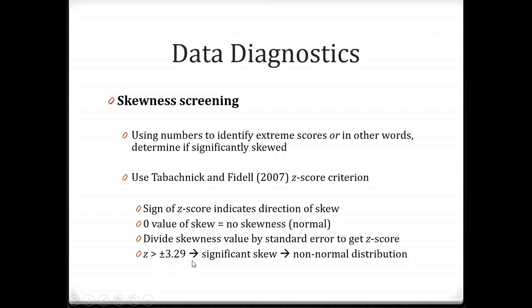So if you compute your skewness z, or your z-skew, and it is greater than 3.29 on either side, whether positive or negative, you conclude that you have a significantly skewed distribution, and therefore a non-normal distribution. Any value less than 3.29 indicates that you have an approximately normal distribution based on these benchmarks.